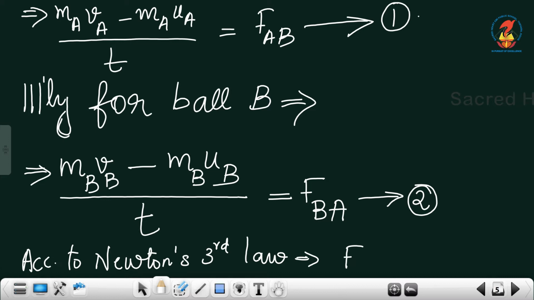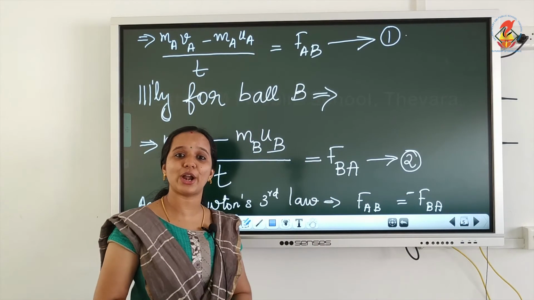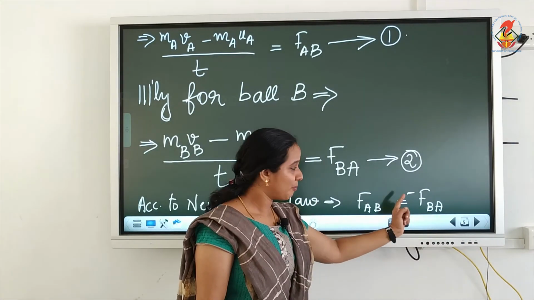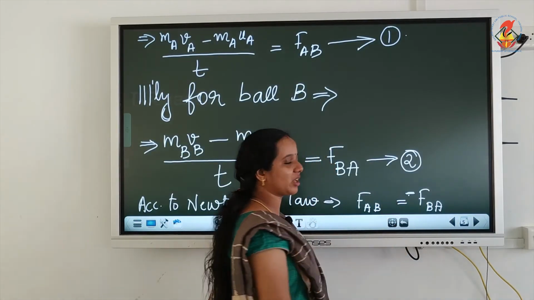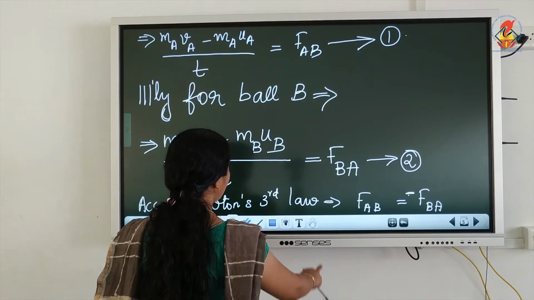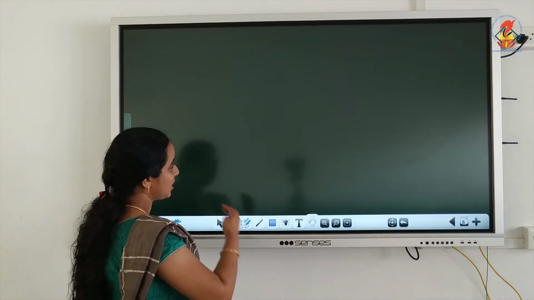That is, FAB and FBA are equal but in opposite direction. So to show the opposite direction, we put a negative sign in one of the forces. Both the forces are equal but they are opposite. So to show that opposite direction, we put a negative sign. Okay. So now let us see equation number 1 and 2, how it changes.